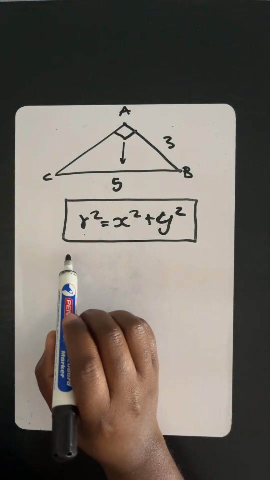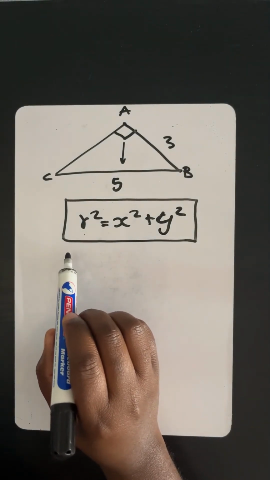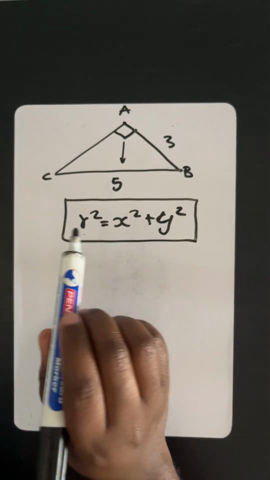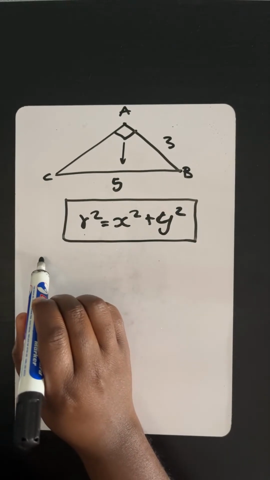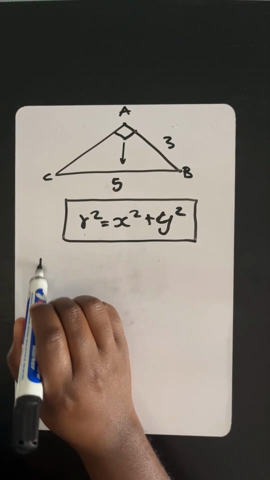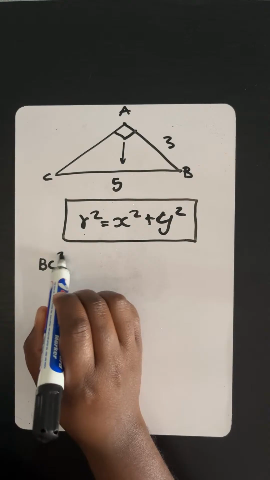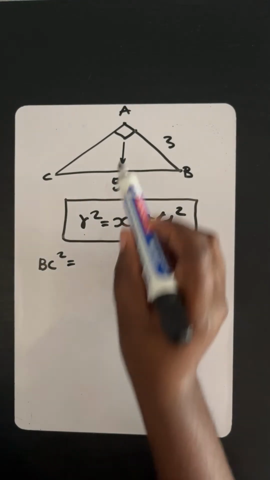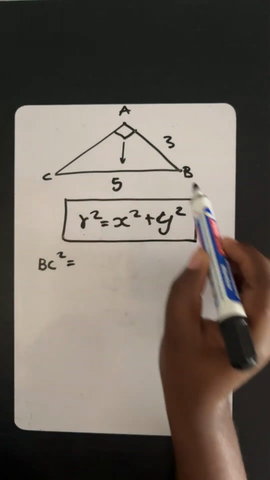So if I have to rewrite that formula according to those given letters, I'm going to say alphabetically B comes first. That's why I will say BC squared equals whichever side. I can say AC or AB.